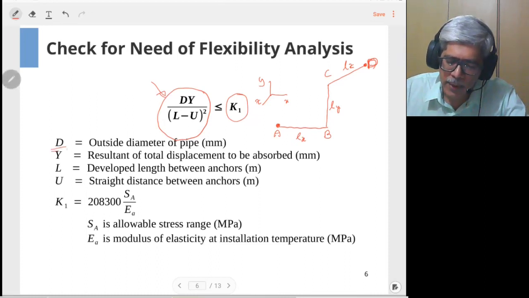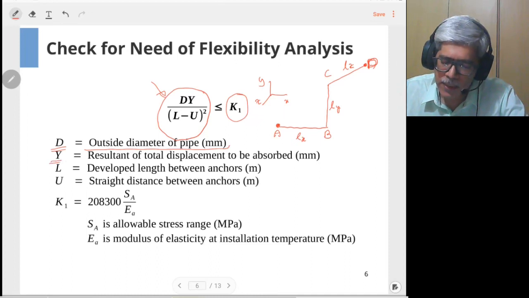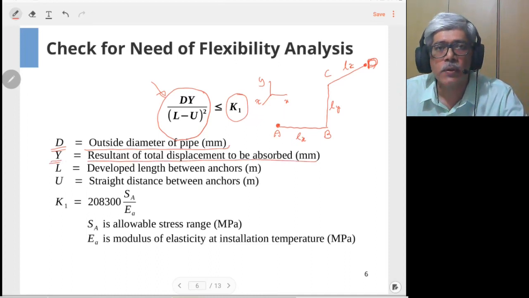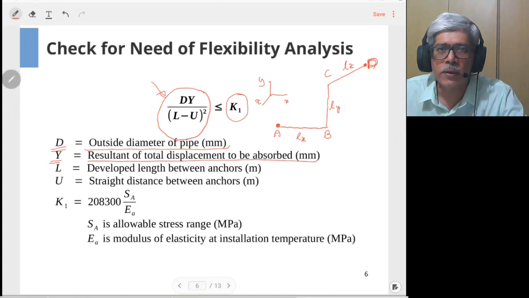The first term is D, which is the outside diameter of the pipe, which is clear enough. The second is the resultant of total displacement to be absorbed. Because of the thermal expansion, this length AB is going to expand.